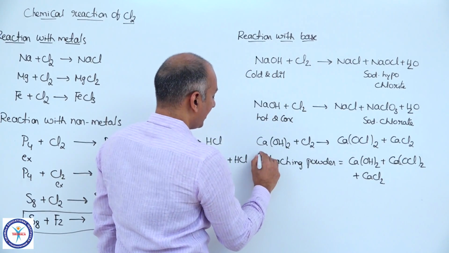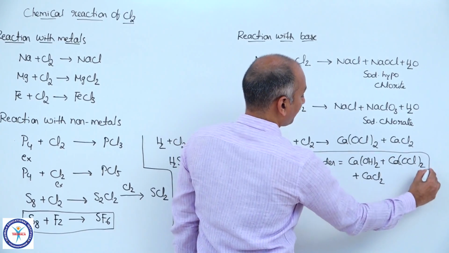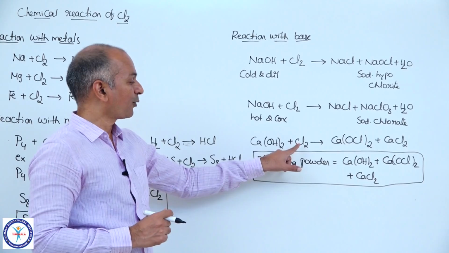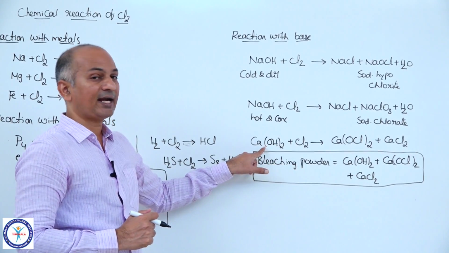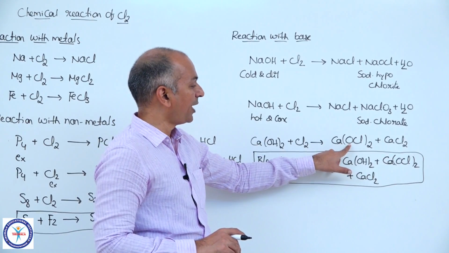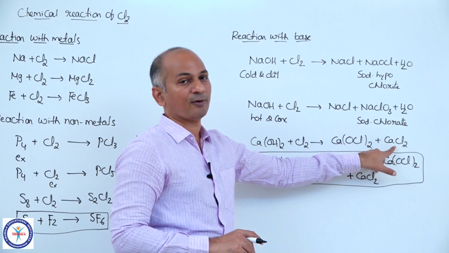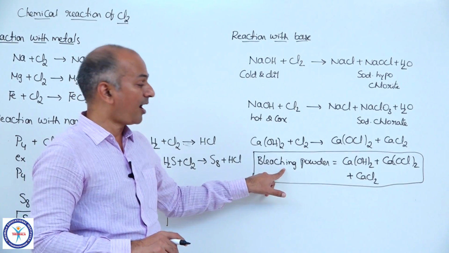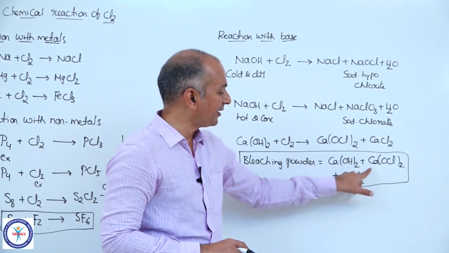This is actually the composition of bleaching powder. And bleaching powder is prepared this way. When chlorine is treated with dry slaked lime at room temperature, you will get calcium hypochlorite plus calcium chloride. And commercially available bleaching powder samples are composed of 3 different compounds.